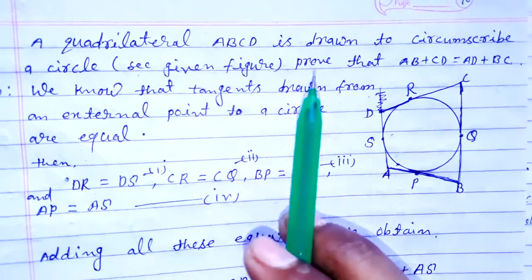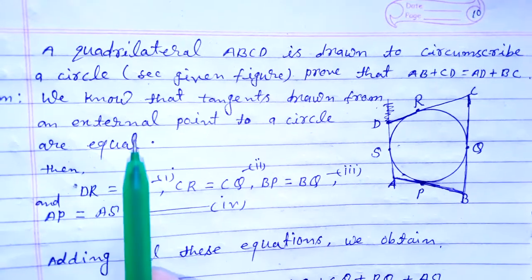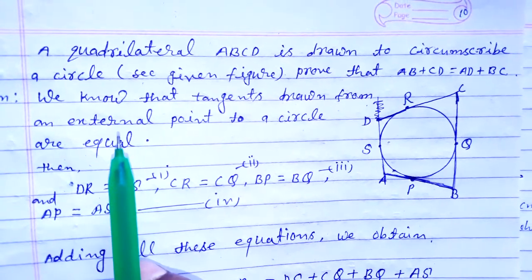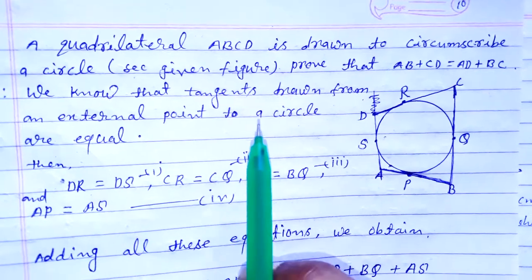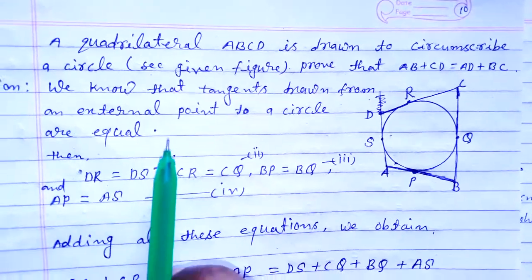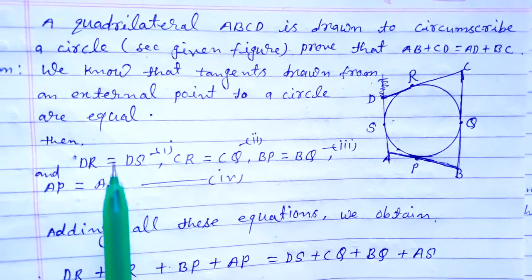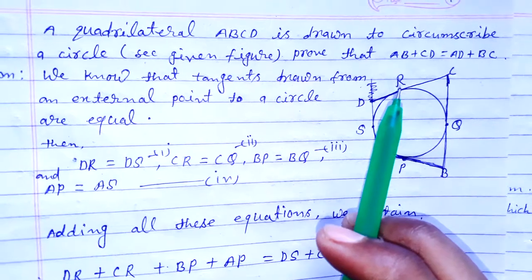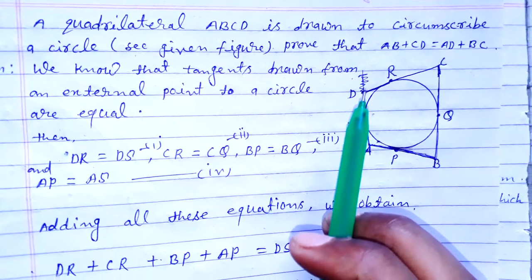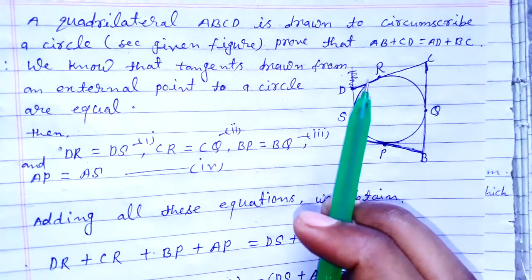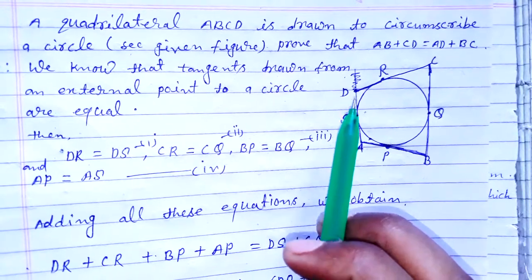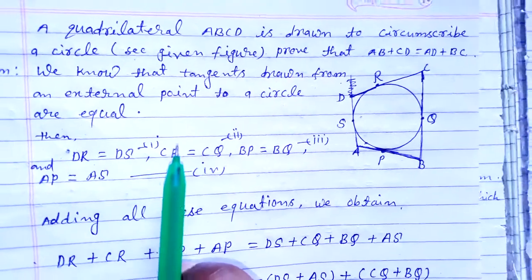We know that the tangents drawn from an external point to a circle are equal. Then DR is equal to DS. Here DR is equal to DS because this is the external point, so these tangents are equal. This is the first equation.